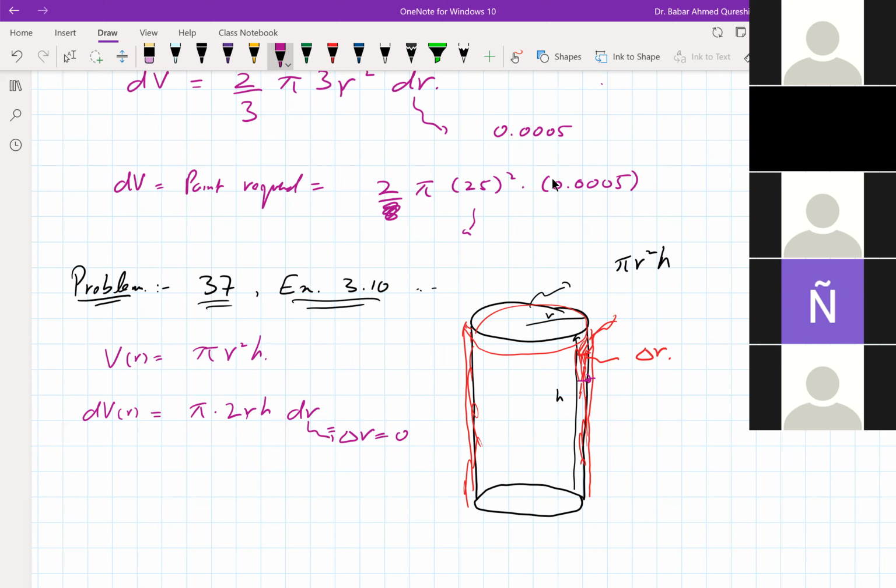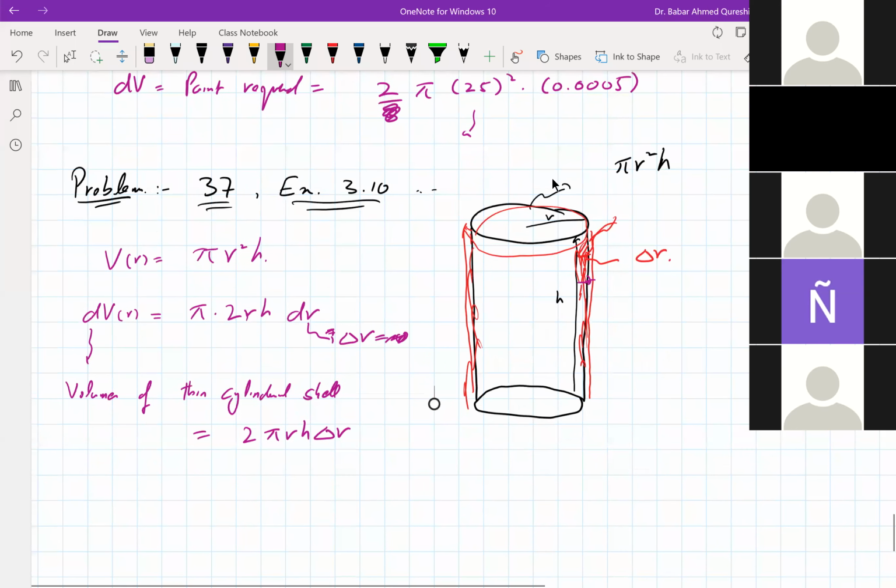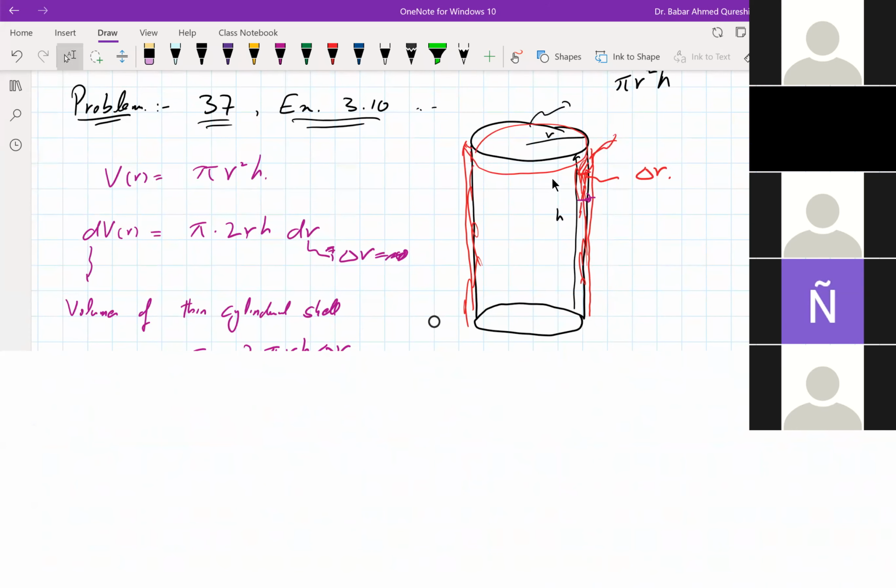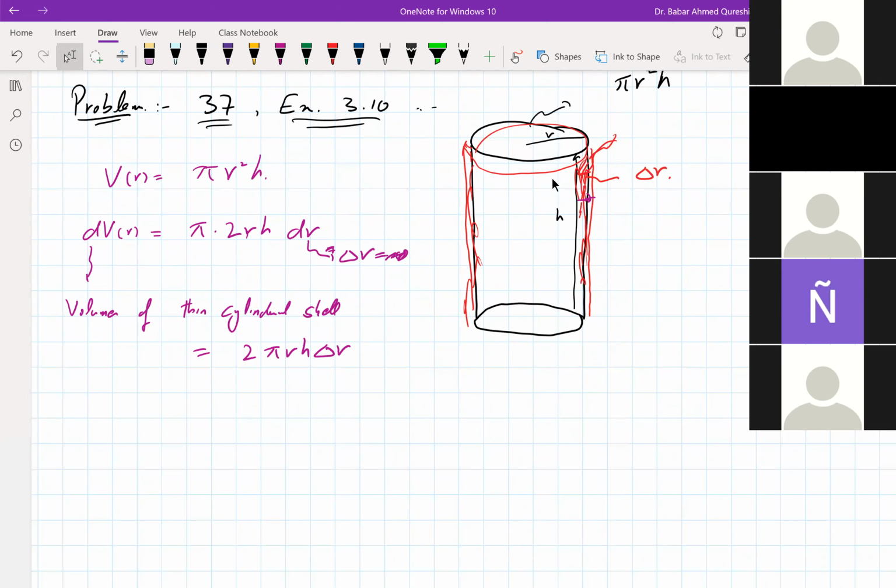So the volume of a thin cylindrical shell is about 2 pi r h dr. That's the answer. As easy as that.